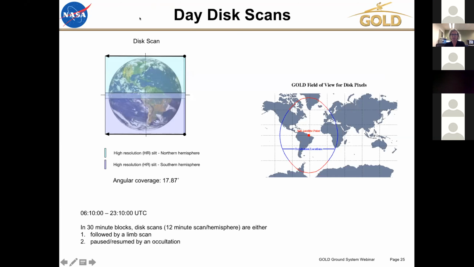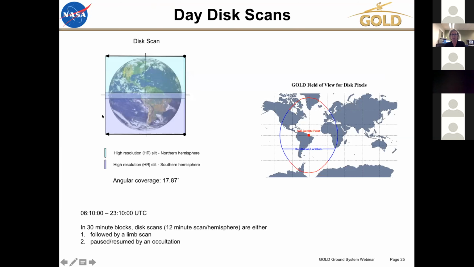So what happens is, it takes 12 minutes. We move the scan mirror to the eastern limb of the northern hemisphere, and then we take 12 minutes to step across the entire disk till we finish on the west limb of the northern hemisphere. So that's a single disk scan that takes 12 minutes, and then the mirror is moved to the east limb of the southern hemisphere, and we step across, and that again takes 12 minutes to get to the western limb.